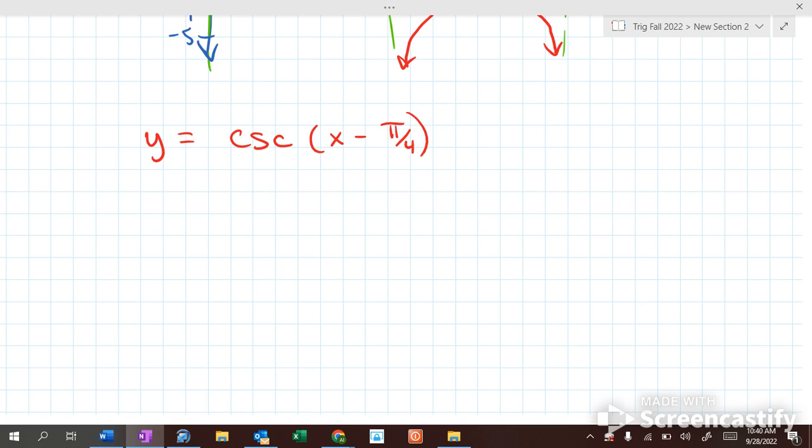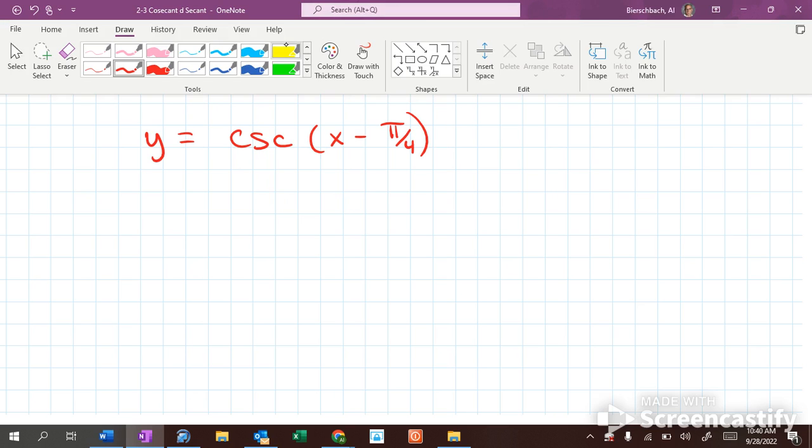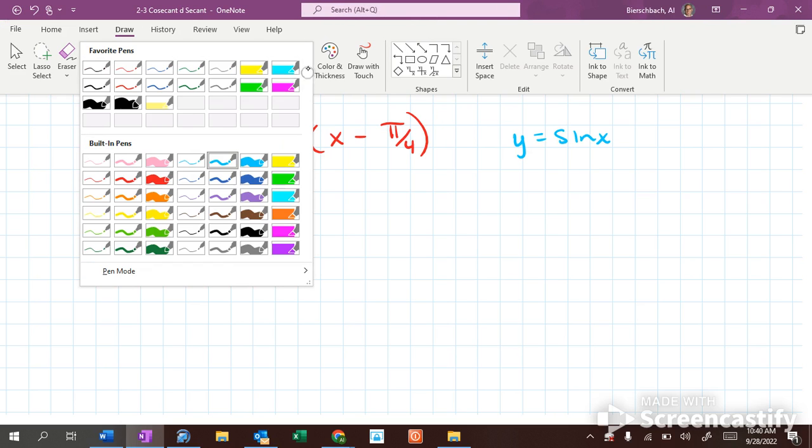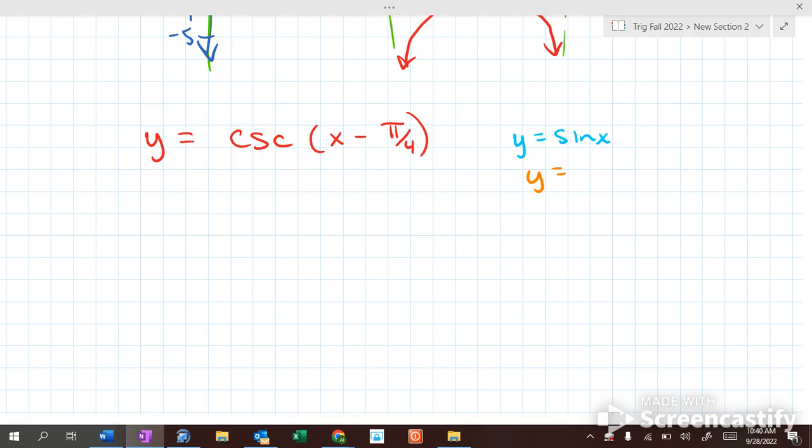Y equals cosecant of x minus pi over 4. What's the base function of cosecant? Sine. So we're going to go y equals sine of x. Then we're going to do what it tells us to do with the sine of x first. So then we're going to go y equals sine of x minus pi over 4.